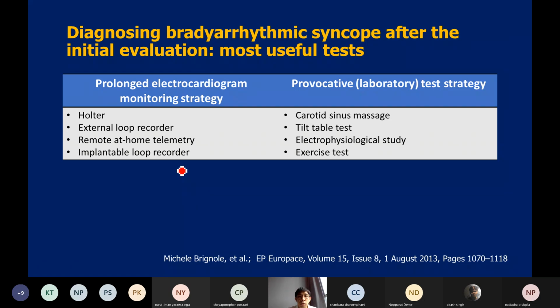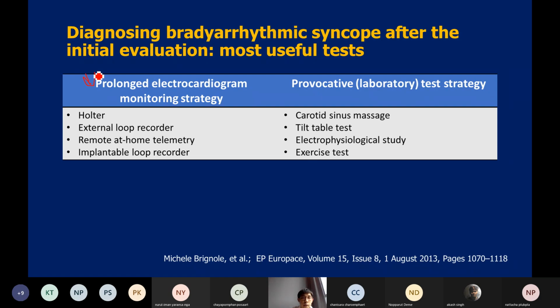So there are many tools that could be useful to evaluate bradycardia. On the left side here, we could prolong the electrocardiogram monitoring strategy. We could do Holter monitoring, a device attached to you for days to a week, which gives information on the patient's rhythm around the clock.